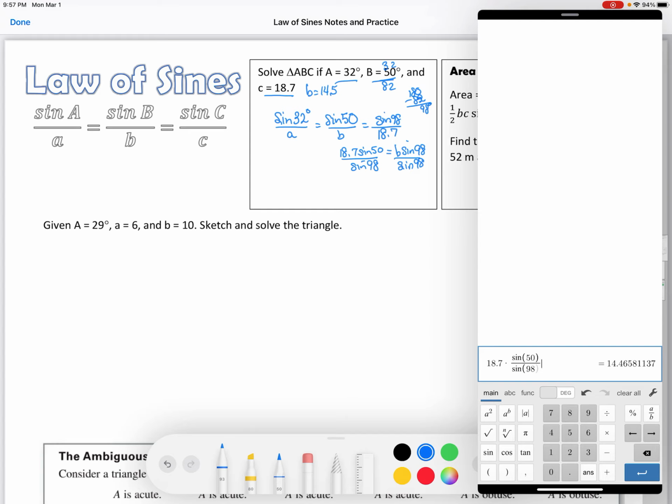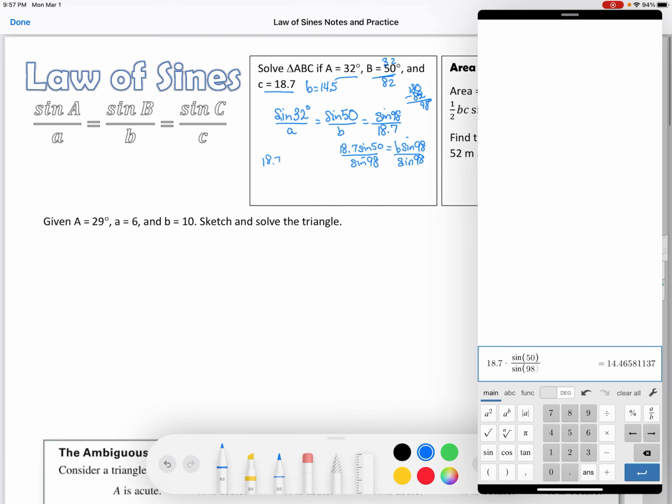Now we do the same with side A. So 18.7 times the sine of 32 will be equal to the sine of 98 times A. And so once again, we'll divide by the sine of 98.